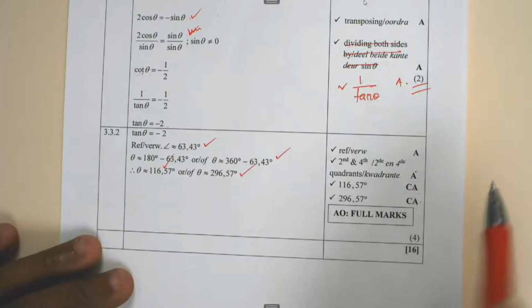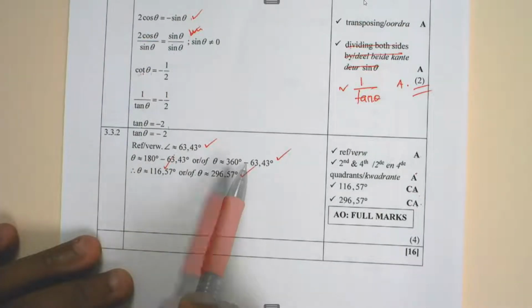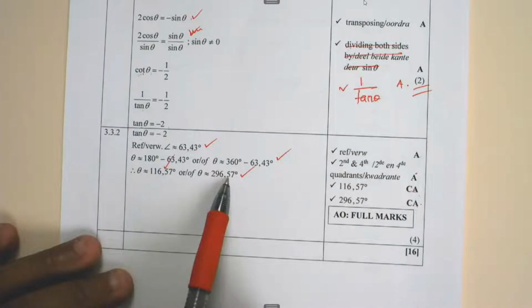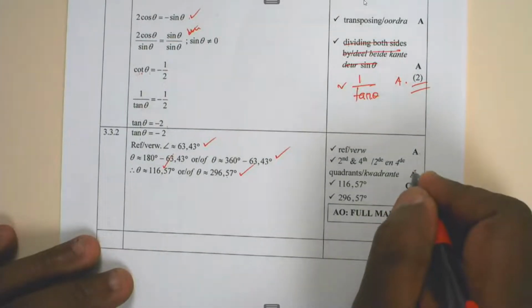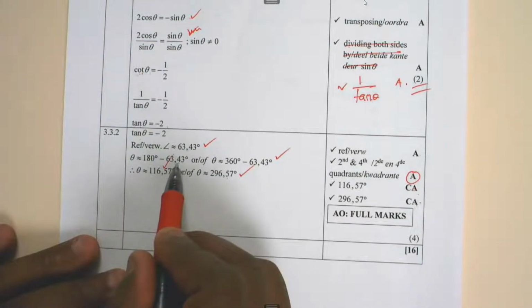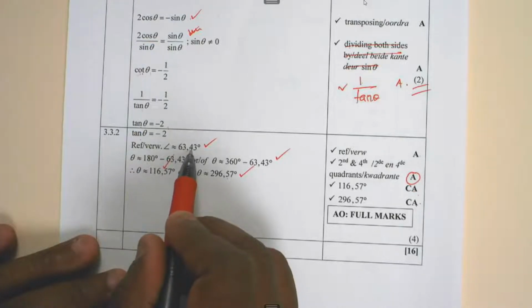They depend on what the learner wrote as the reference angle. If the reference angle is wrong, but correctly used in the quadrants and correctly used in finding the angles, it becomes a CA mark. Colleagues, please take note. This A is not referring to angle incorrect.